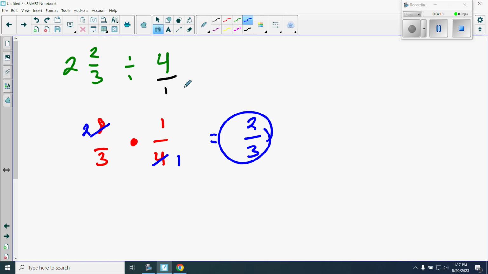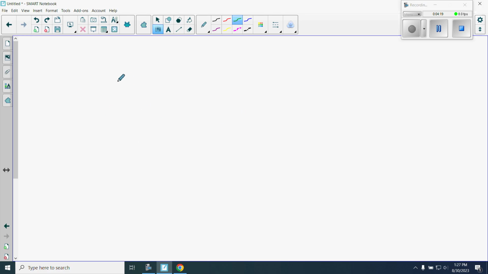Now that just gets longer from there on. It doesn't necessarily get any harder. Let's make another one, 10 and 1/9. Let's divide it by 12 and 2/3. We're at the same place we were before. Converting, this is 91/9.